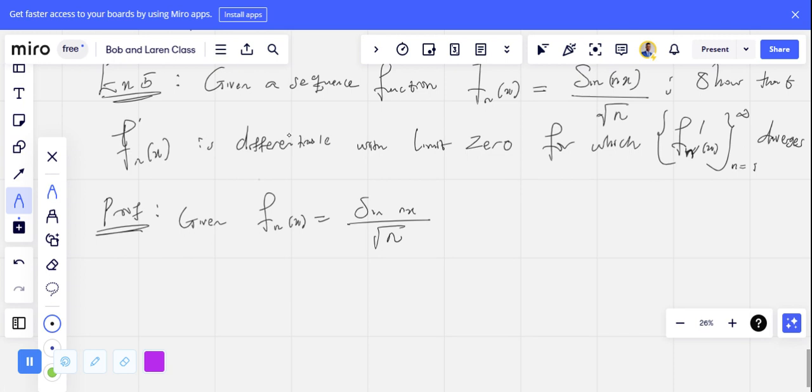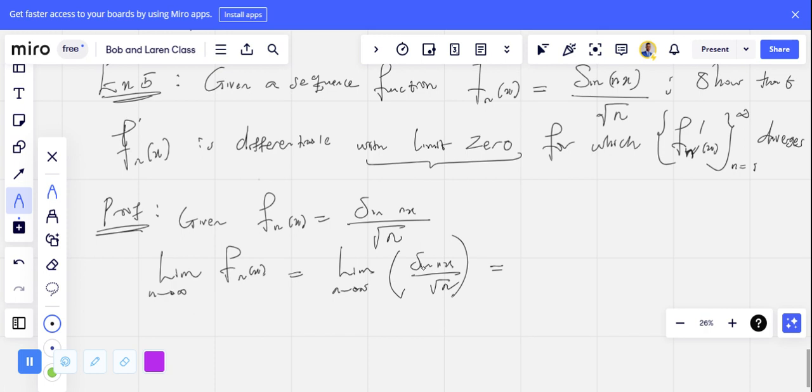Now looking at this, I can decide to differentiate this function. I know it is differentiable, but with limit zero. So now let me confirm that the limit is zero. That's the first thing. If I take the limit as n tends to infinity of that sequence of functions given to me, which simply implies that I will take the limit as n tends to infinity of sin(nx) over the square root of n, this should give us something of this nature: sin(infinity x) all over the square root of infinity.